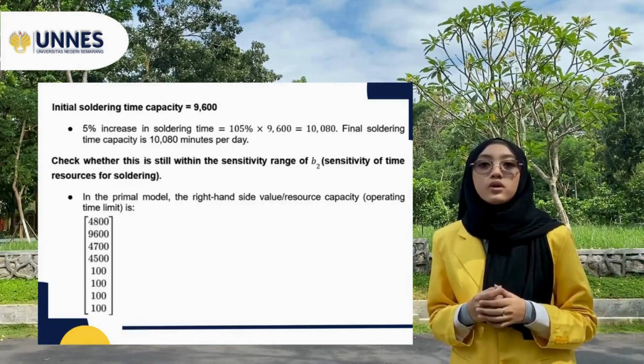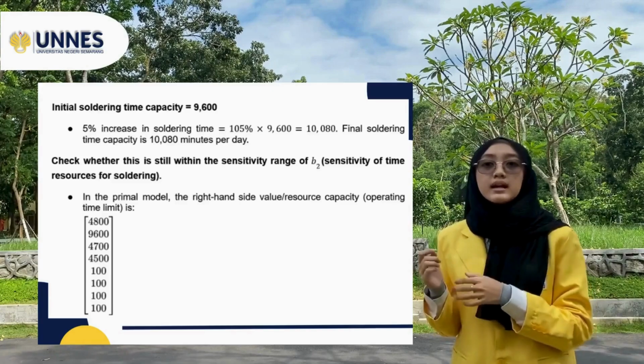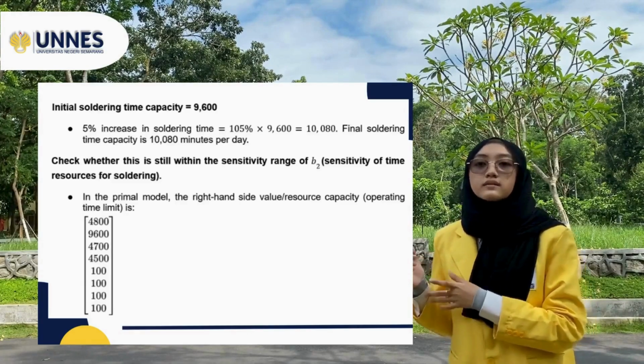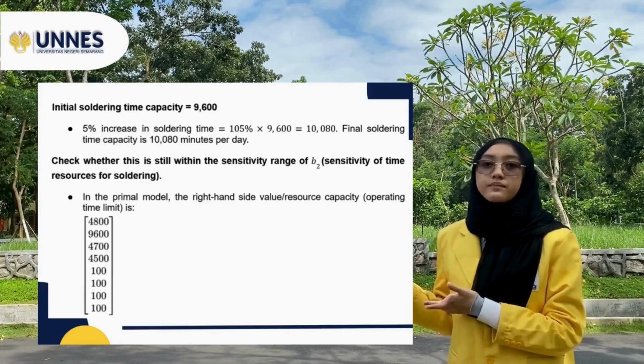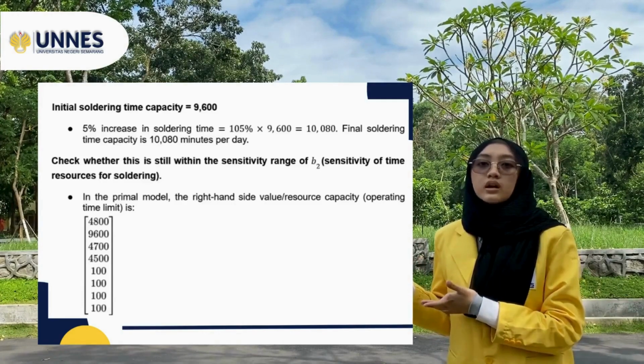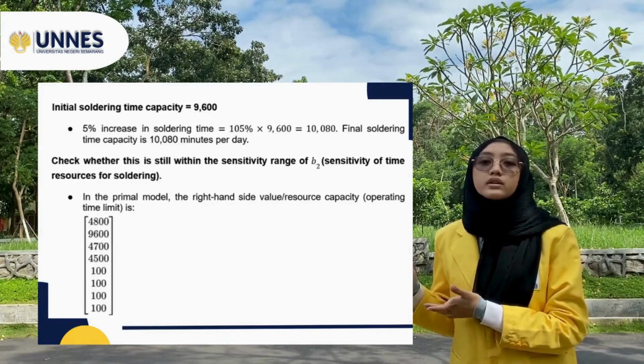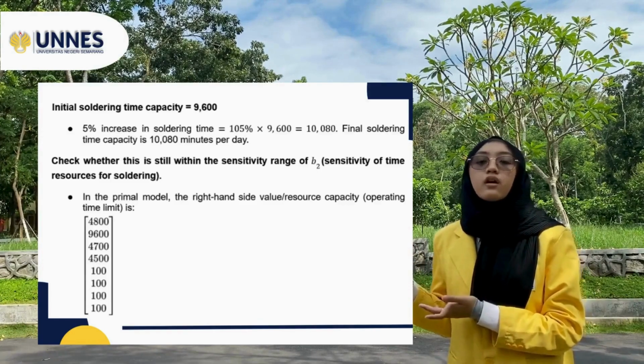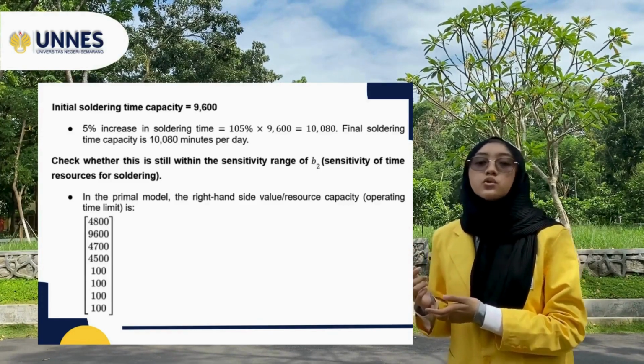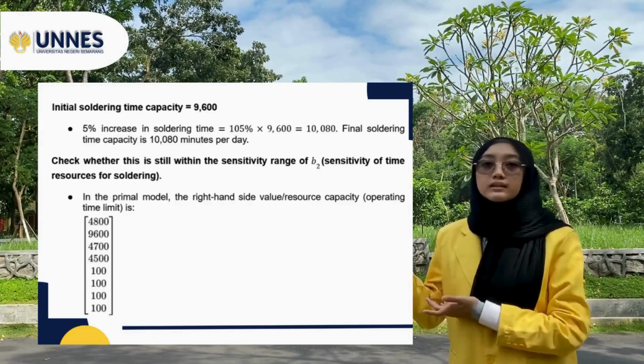We have our model with the right-hand side values of the resource capacities like this. The first row is the capacity for splicing time, the second row is the capacity for soldering time, and so on. We have the column matrix like this.